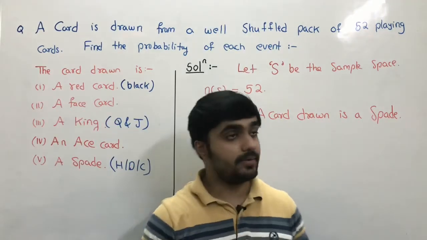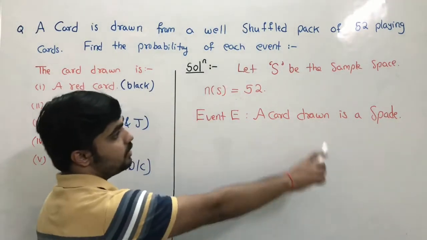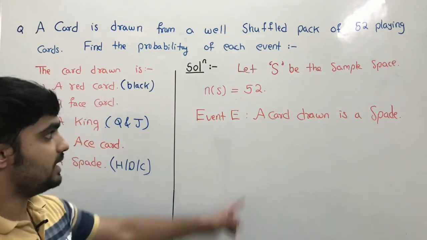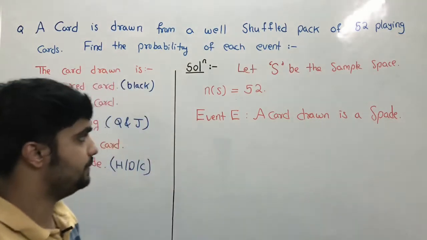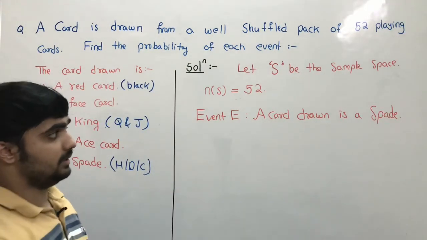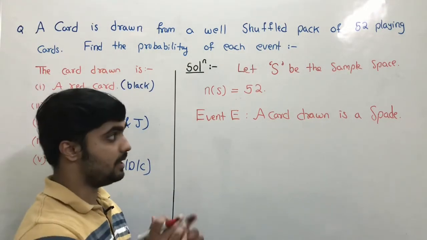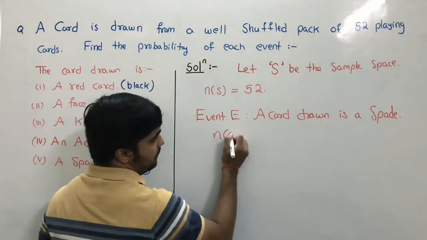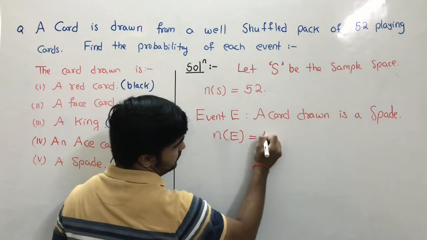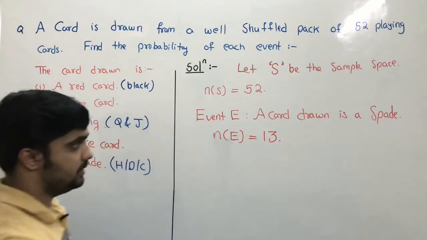Our last event is such that a card drawn is a spade card. Let E be the event such that a card drawn is a spade. As we all know, there are 13 spade cards in a pack of 52 cards. So we can write number of E is 13 in this case.